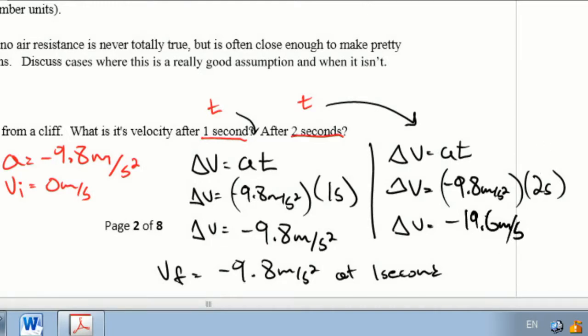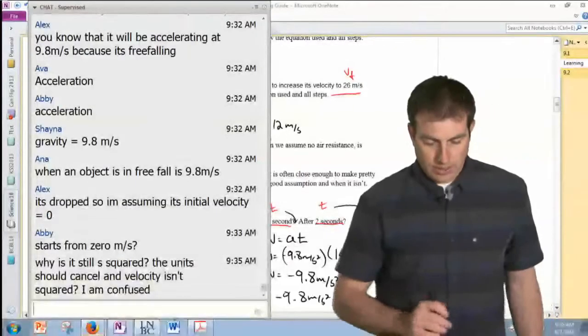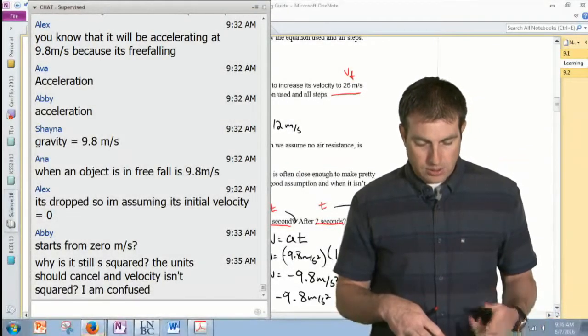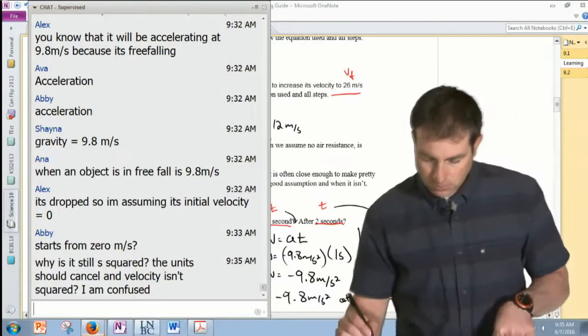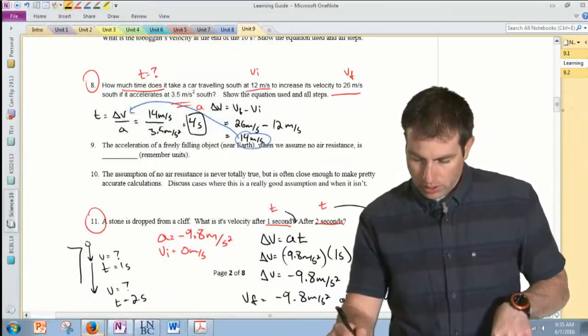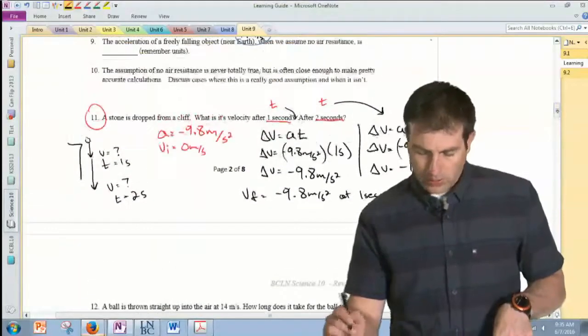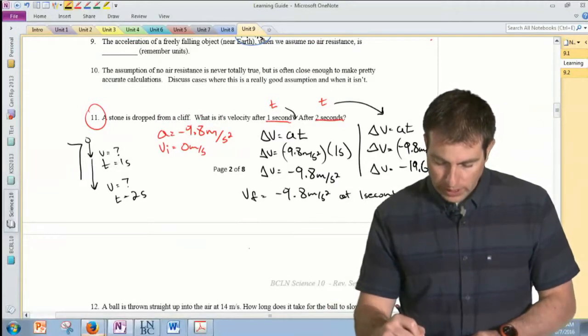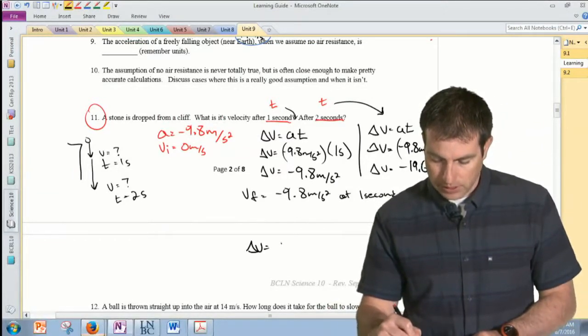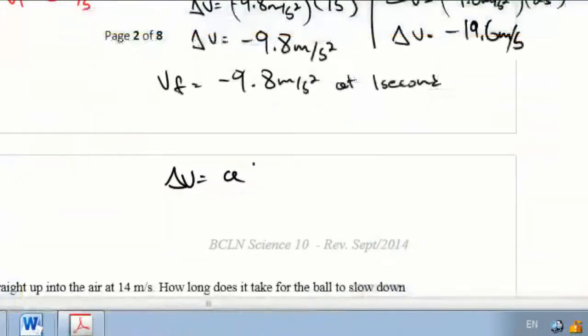All right, Abby, your question said, why is it s squared, the unit should cancel and velocity isn't squared? I'm going to ignore the numbers and just go with units. I had an equation that looked like delta V is my acceleration multiplied by my time. My acceleration is measured in meters divided by seconds squared, and my time is measured in seconds.